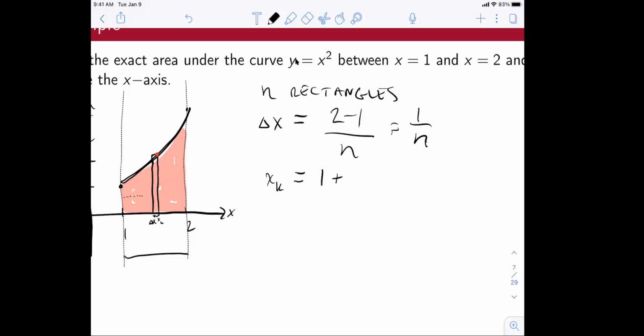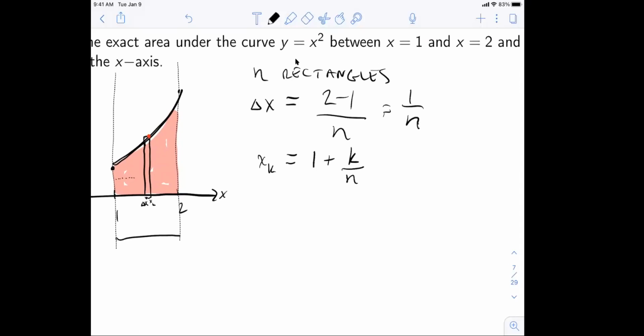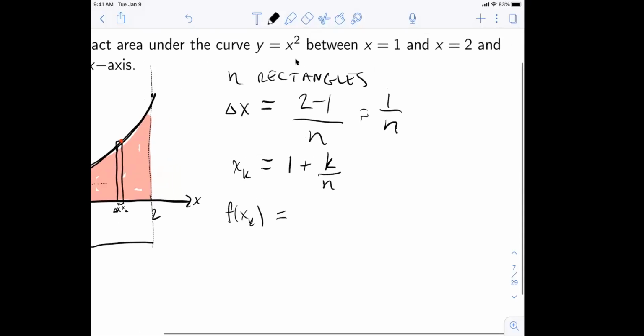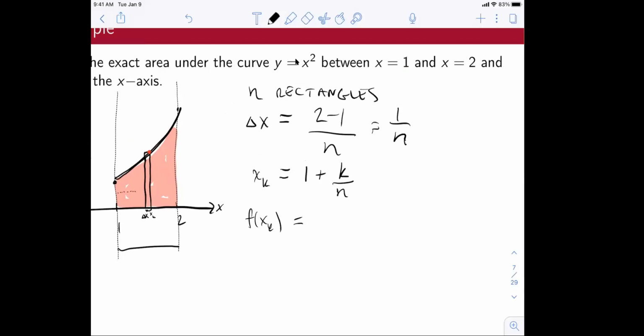In general, it's k times delta x, but for us, delta x is 1/n. Okay, so k/n. Very good. So then the only other thing I'm going to need to know is what is that height, f of xk? Well, what is that? You don't need to expand it. Just tell me what it's going to look like at first.